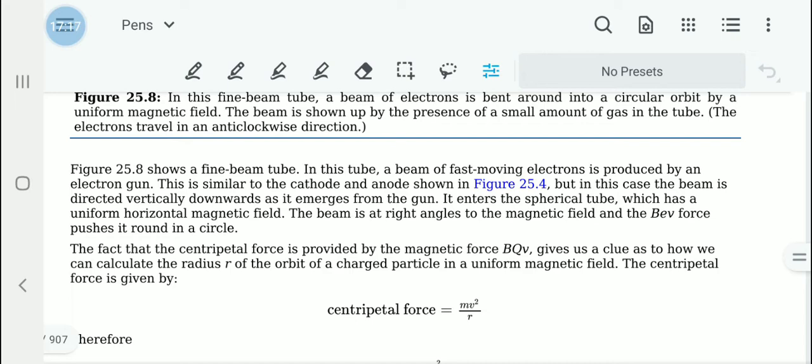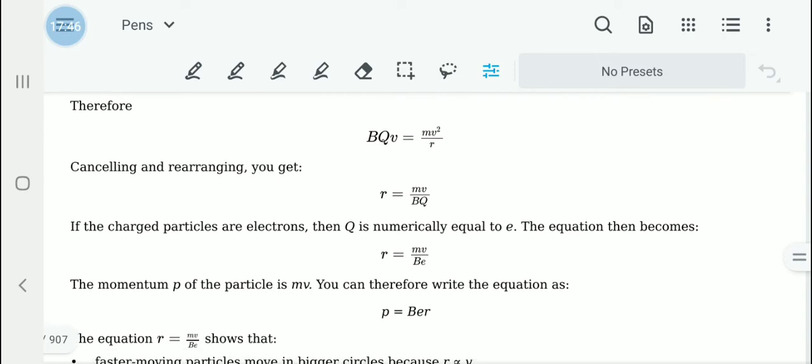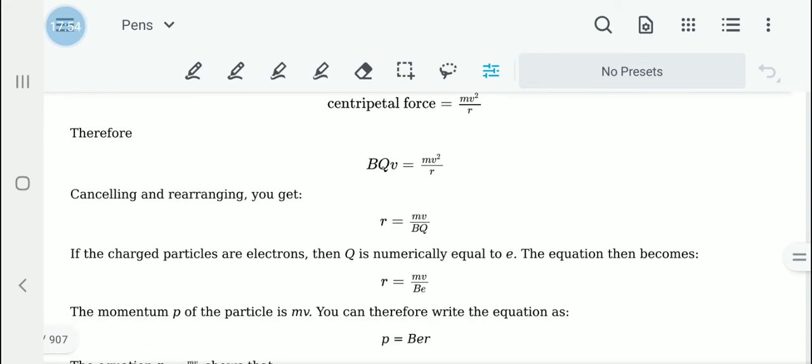Write down the equation for centripetal force, mv squared upon r.